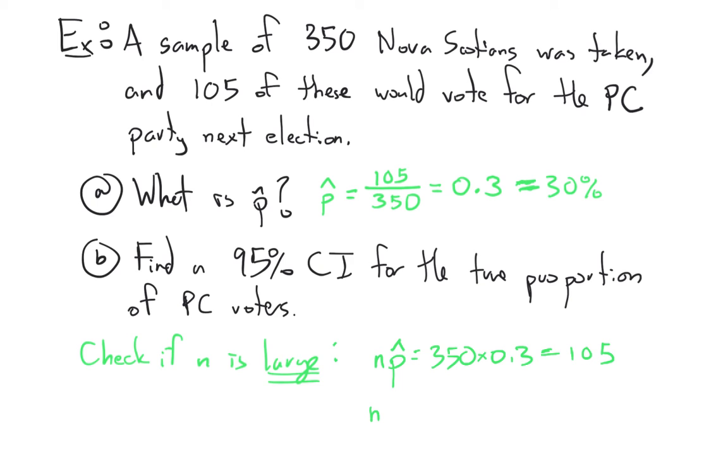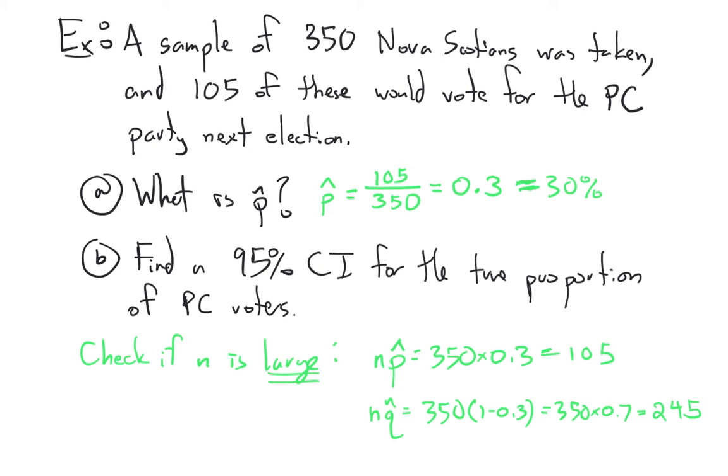And let's calculate n times q hat. So that's 350. And remember, q hat is just another name for 1 minus p hat. So the proportion of quote-unquote failures. So it's the number that would not vote for the Progressive Conservatives next election. That's 350 times 0.7, the rest of them, if you will. And if you do this, you get 245.